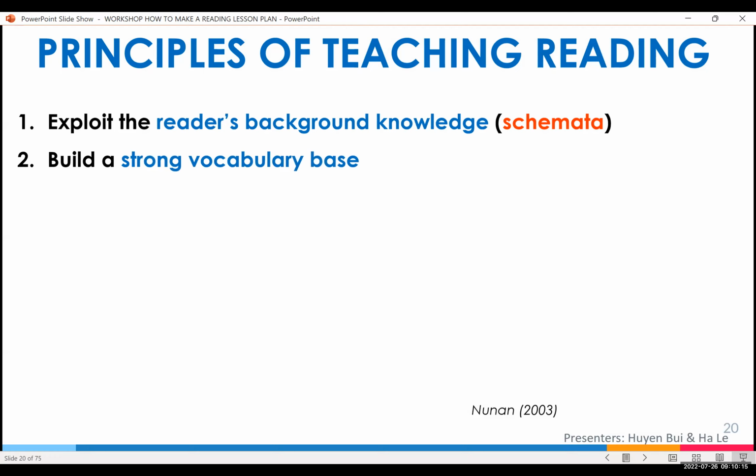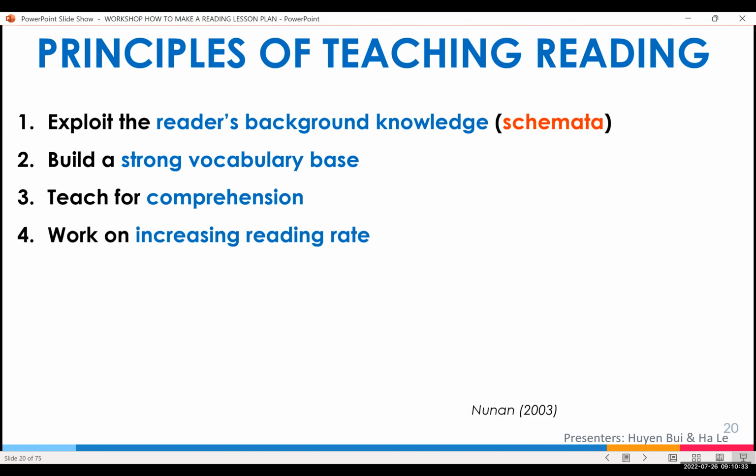In order to understand the reading passage, students need a strong vocabulary base, so we need to build it. Also, the key thing in reading is meaning, or comprehension, so we have to teach our students about comprehension.